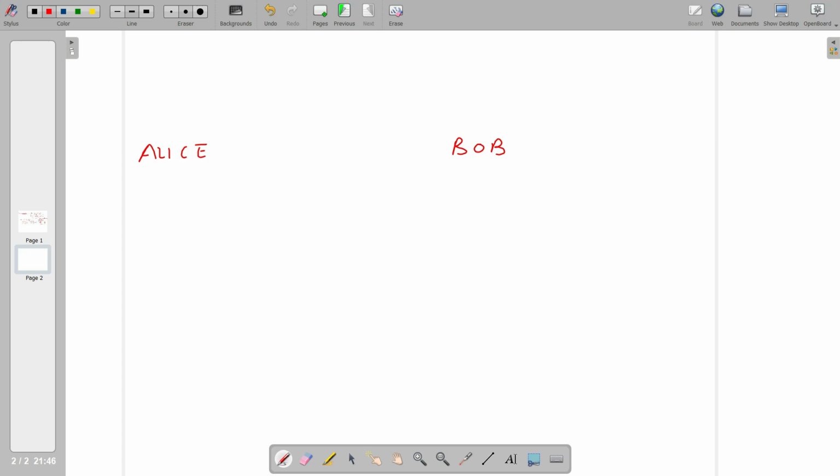Let's say Bob has a pair of keys, so Bob needs to generate its keys. Let's say Bob generates two keys, EB and DB. EB is for encryption and DB is for decryption. So EB is the public key.